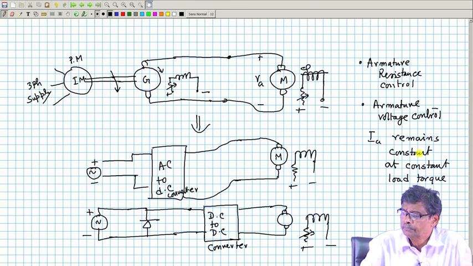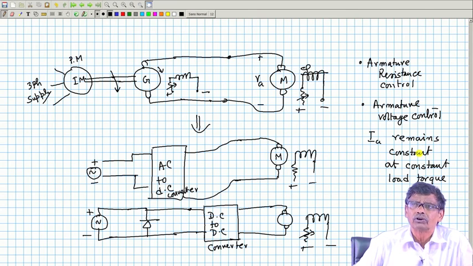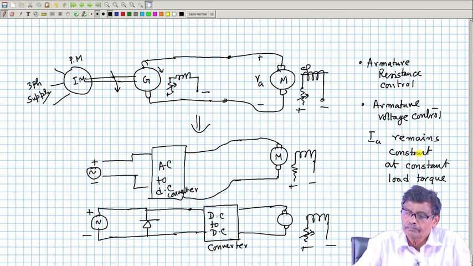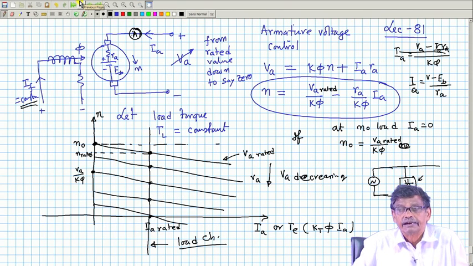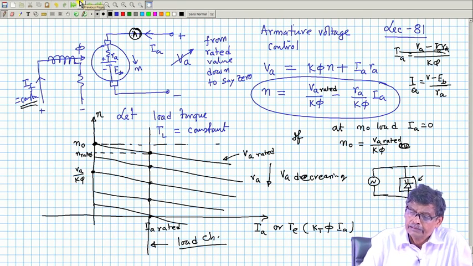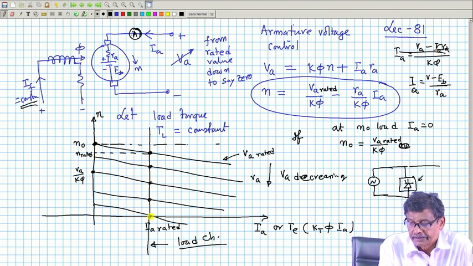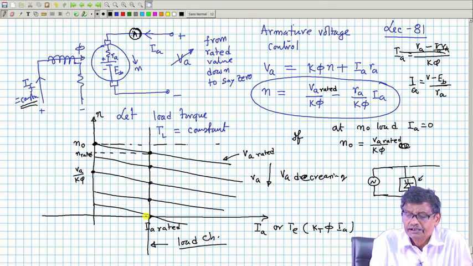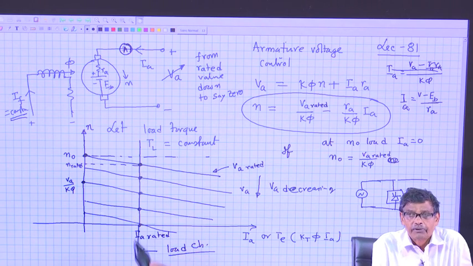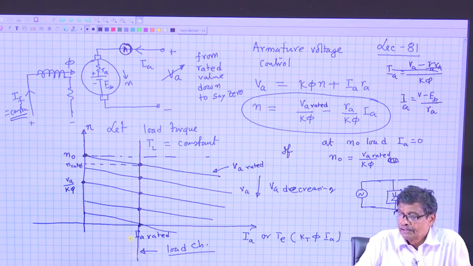Okay. I will come to this point a little later, that is, suppose the load torque is not constant. Let me make that comment also, so that you understand what it is. Suppose your load torque is constant at rated value and it is IA rated. I put a condition that load torque is constant, and these are the operating points.